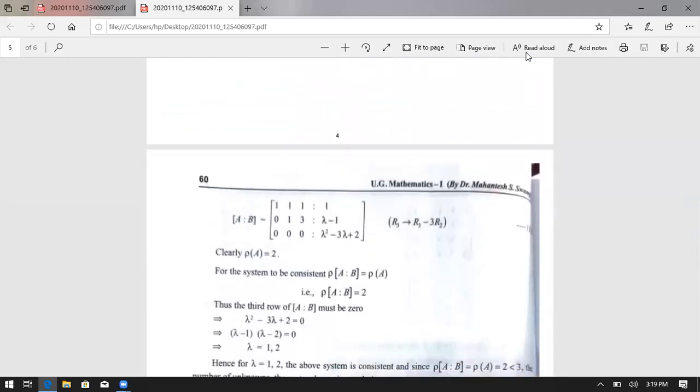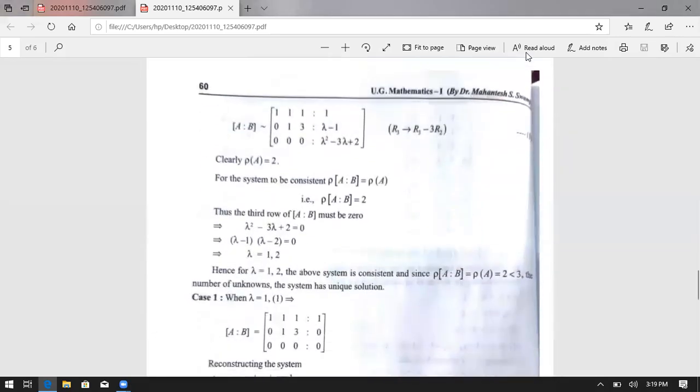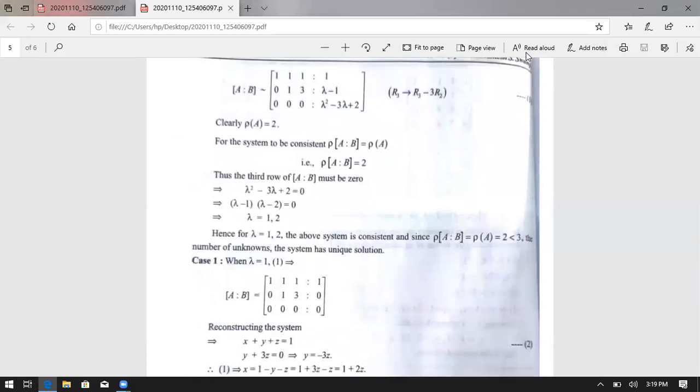Next step is R3. Here 3 is there, so R3 is equal to R3 minus 3R2. Okay, here 3 is there. I replace that one.